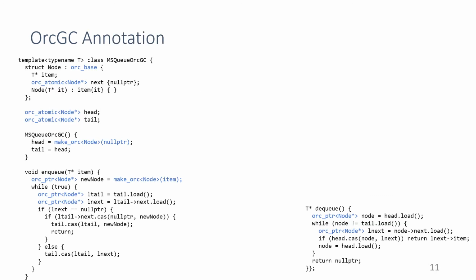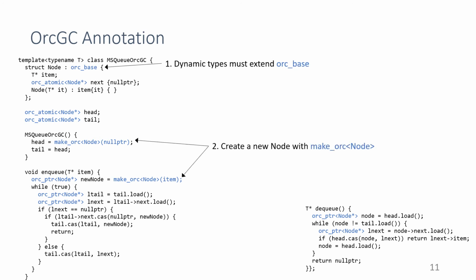This is an example of how to annotate the Michael and Scott queue with OrcGC. So the node must extend OrcBase. Every time a new node is created, instead it must call make_arc.